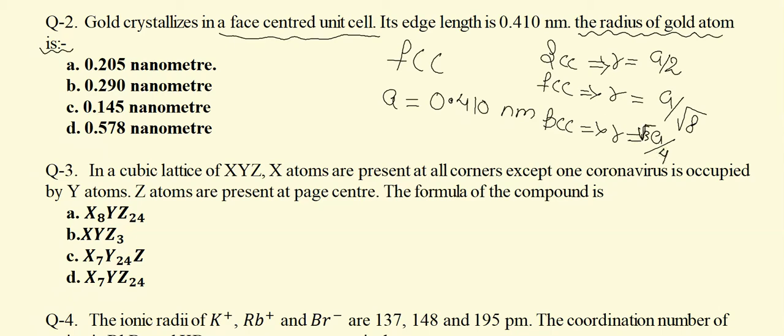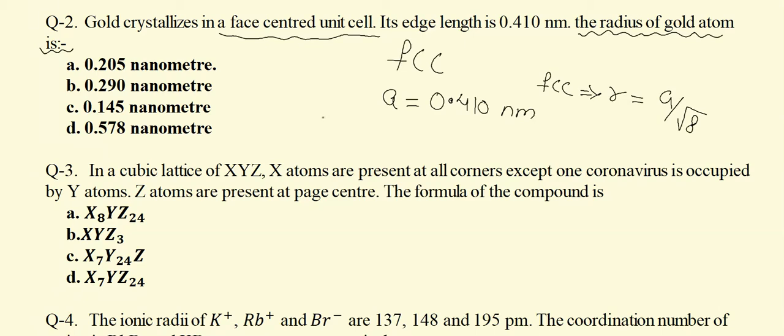You can directly find out the radius of the atom by using this formula. Here a is the edge length. As we have FCC here, the formula is a upon root 8, and the value of a is given to us. It is 0.410 nanometers.